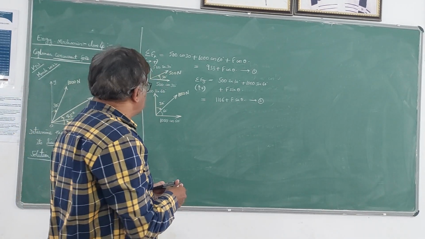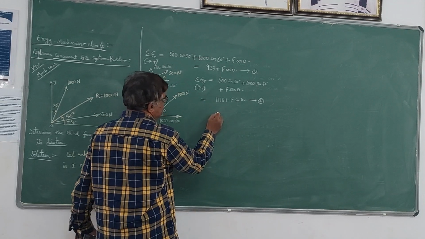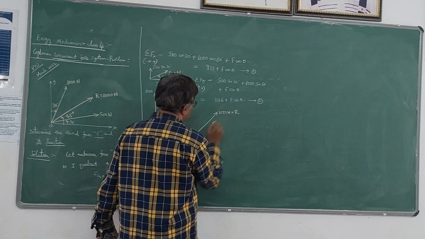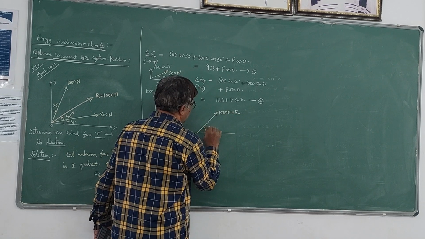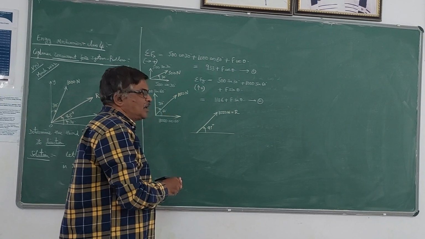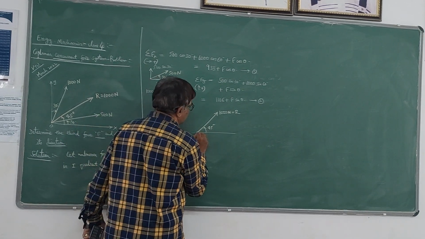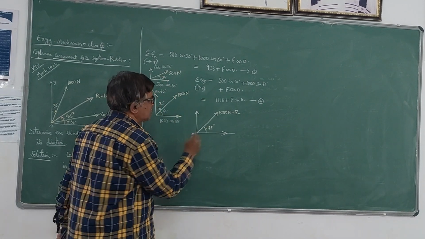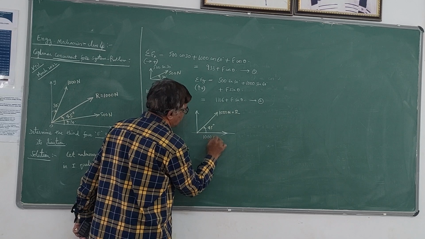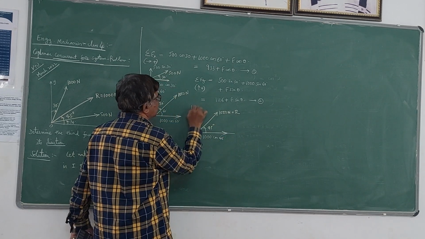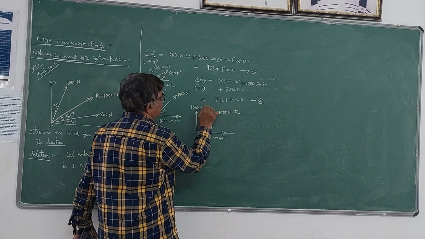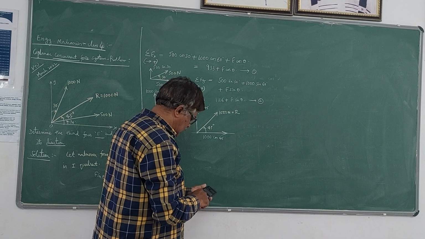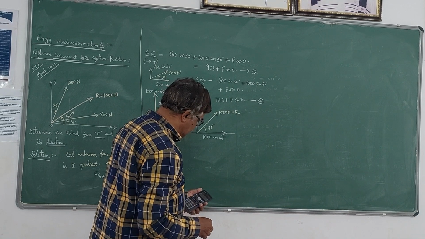The concept here is, since the resultant R value is also 1000 Newton, but it is making an angle 45 degrees, if you resolve this resultant force into two components, the x component and the y component, this is 1000 cos 45 and this is 1000 sin 45. 1000 cos 45 is 707.1.